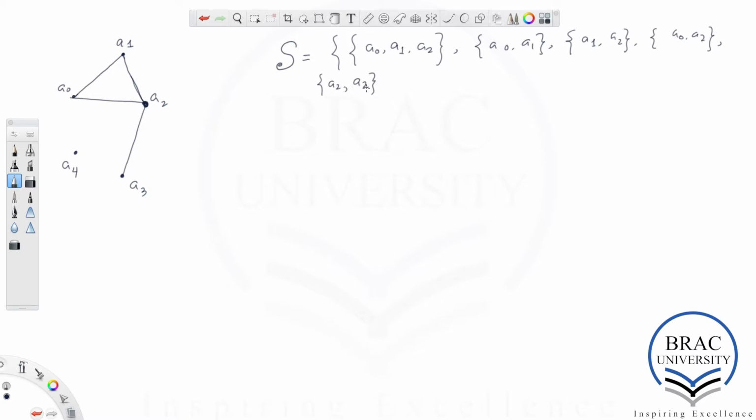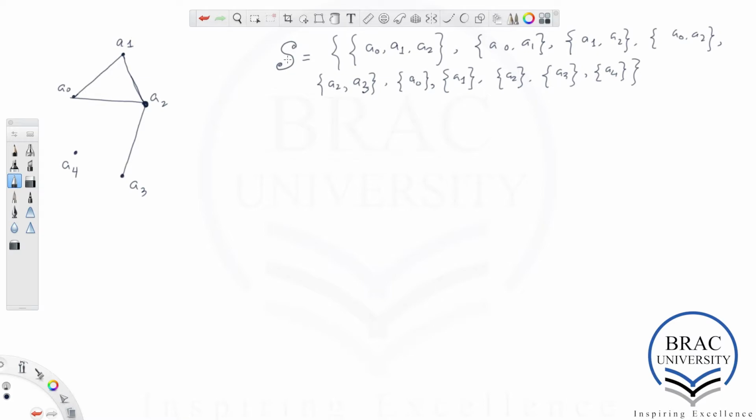Then we have singletons, a0, a1, a2, a3, and finally a4. The collection of all these sets is called the abstract simplicial complex S.